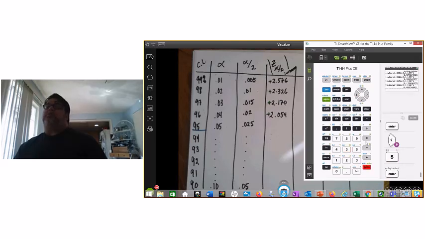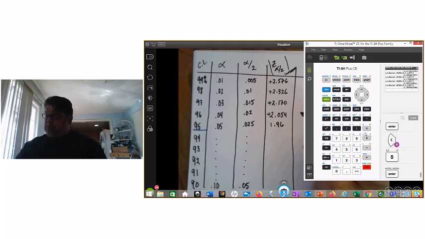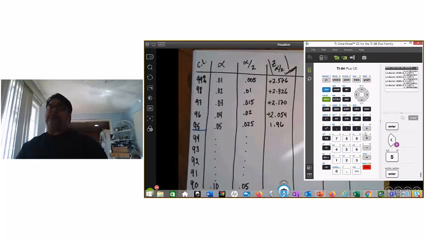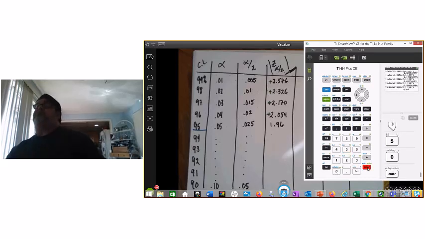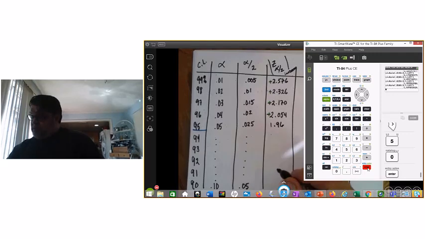Negative 1.96, or 1.96. And I'm going to do this one, 0.0500. And that'll give me 1.645.